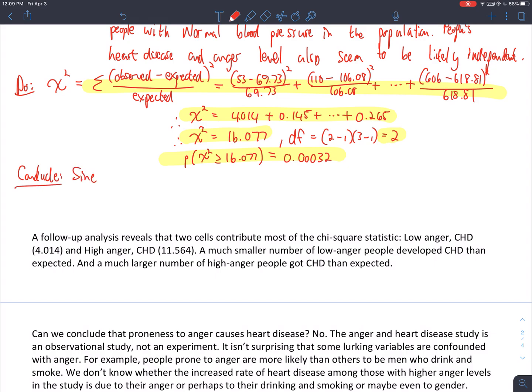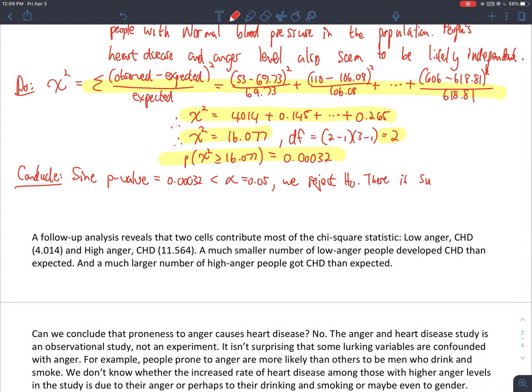You say, since the p-value, which is 0.00032, is way less than alpha, which is 0.05, we reject the null hypothesis.